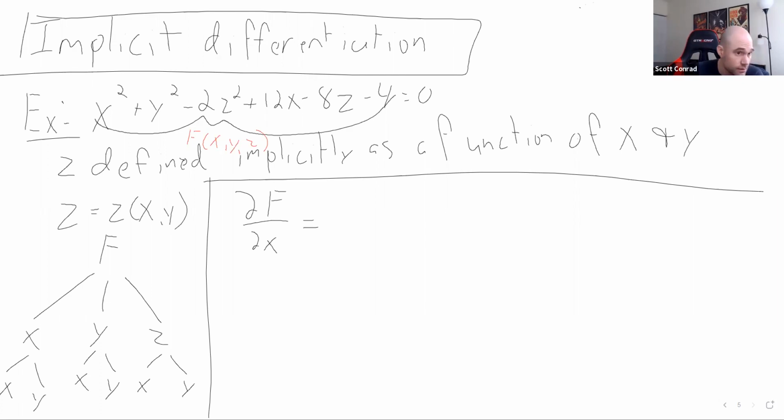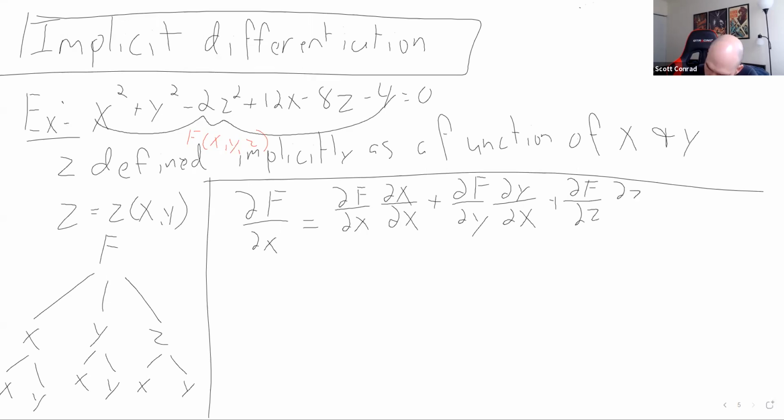We can go from F to x to little x: dF dx times dx dx, the partial of the function x with respect to x. Then we go from F to y to x: dF dy times dy dx. And then from F to z to x: dF dz times dz dx.